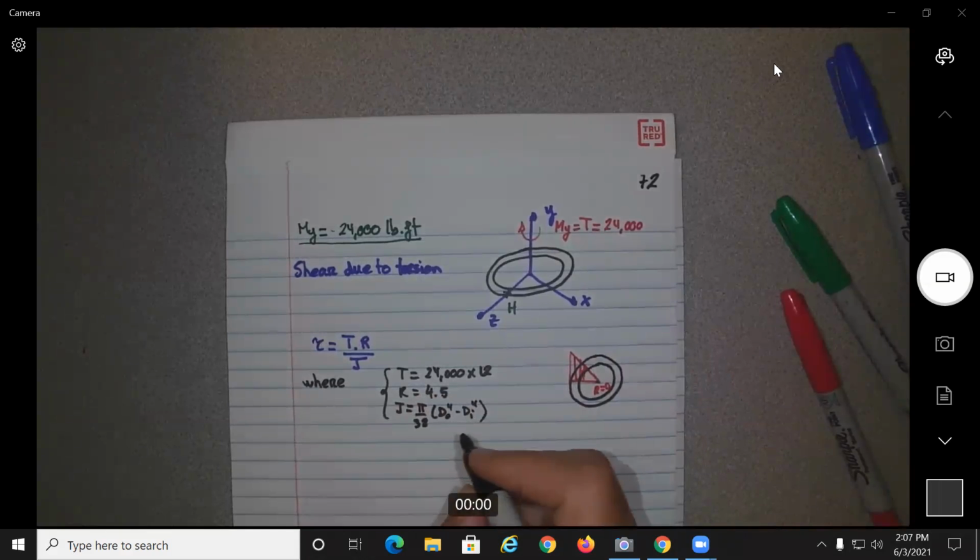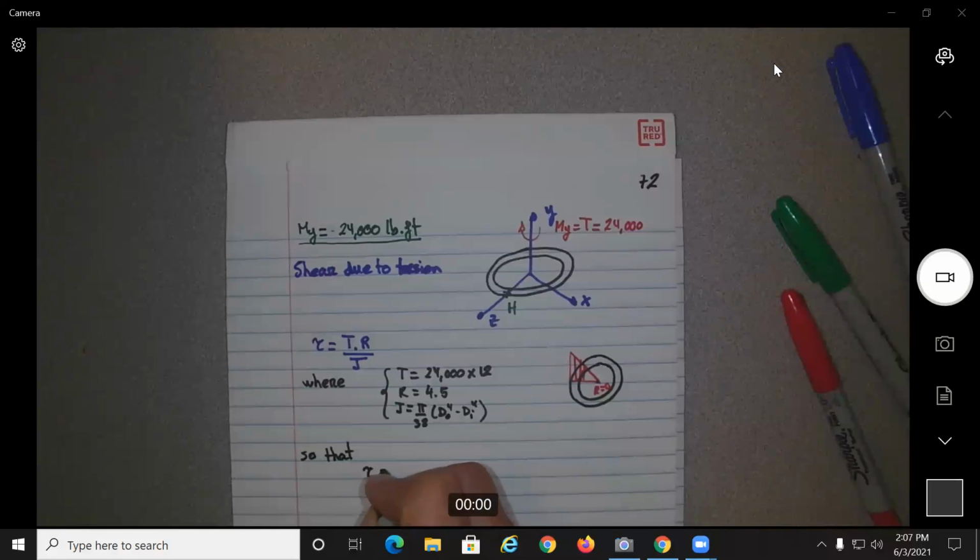So we substitute so that we're going to get tau equal to 24,000 times 12 times 4.5 divided by pi over 32, 9 to the power 4 minus 8 to the power 4.